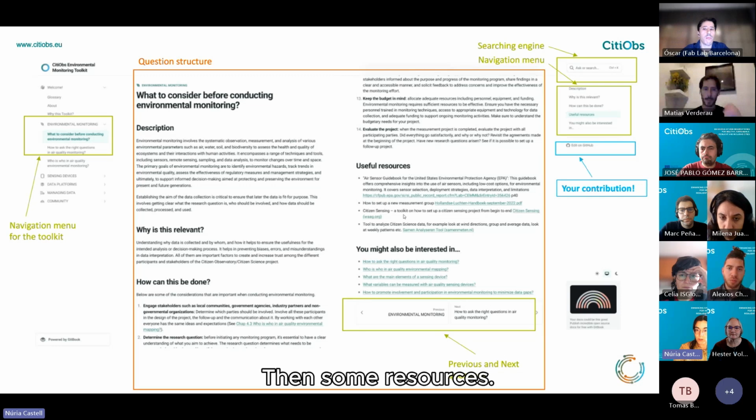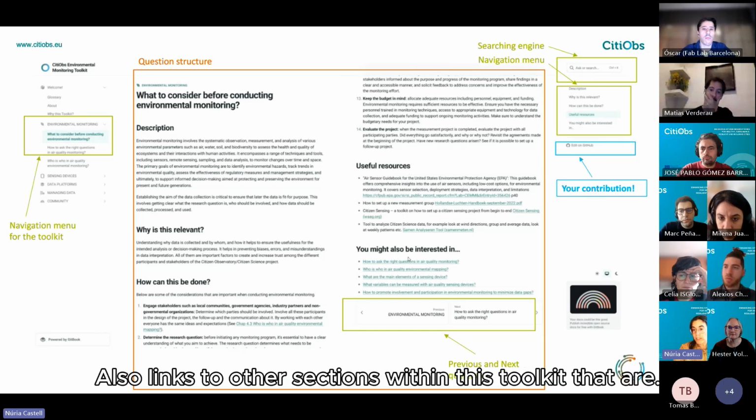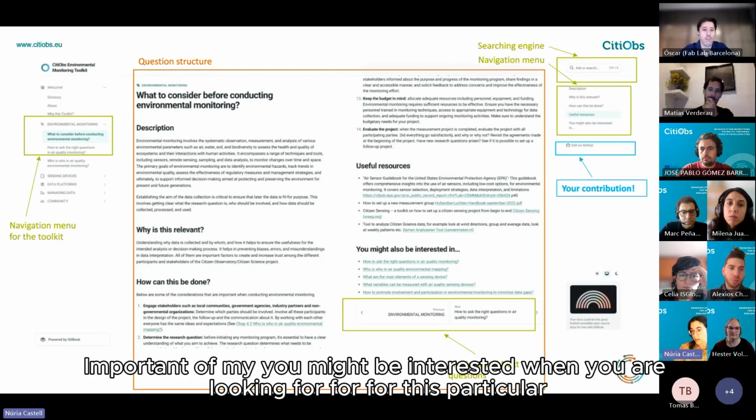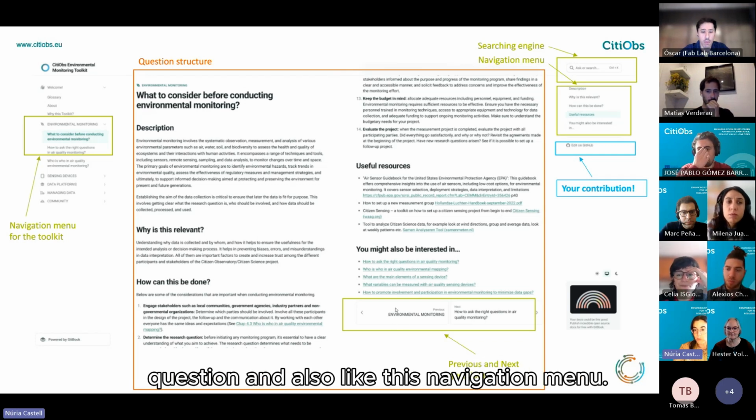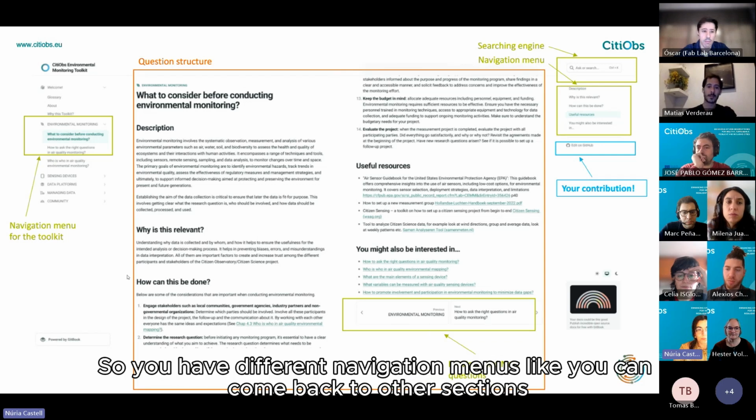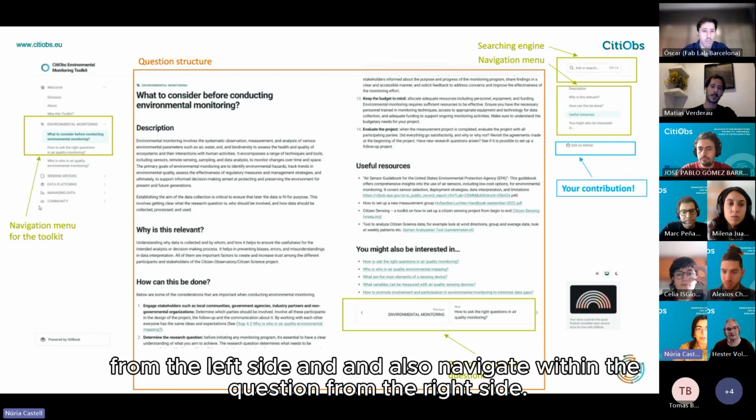Then some resources, also links to other sections within this toolkit that are important or that you might be interested in when you are looking for this particular question, and also this navigation menu. So you have different navigation menus, like you can come back to other sections from the left side, and also navigate within the question from the right side.